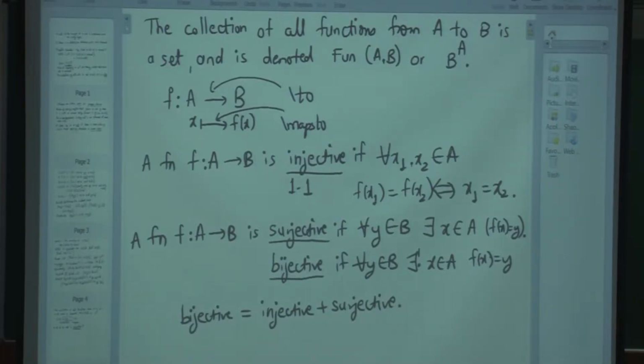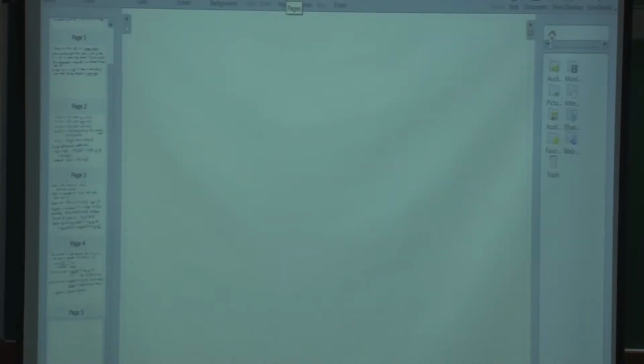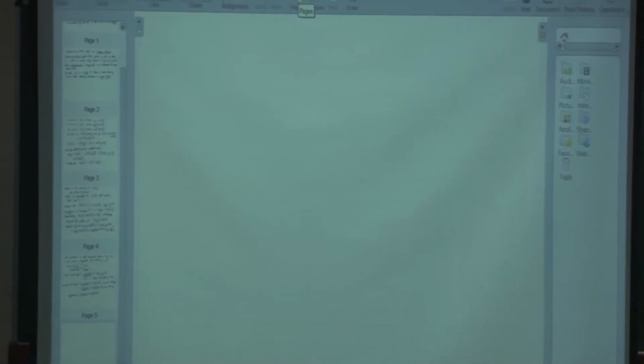Okay, so in the last 5 minutes we'll just spend some time looking at examples. So give me some example of an injective function. It's simple. f(x) equal to x. Again, from where to where? That's the problem. Don't say these things. That's what you are supposed to learn. From real numbers to real numbers.